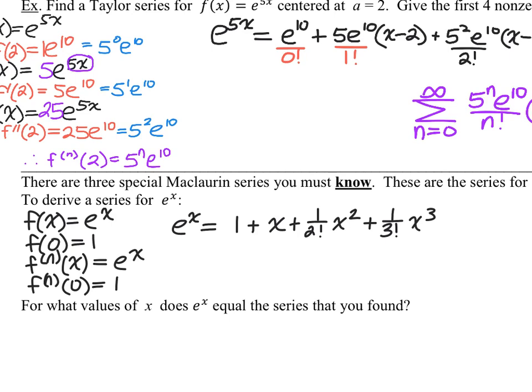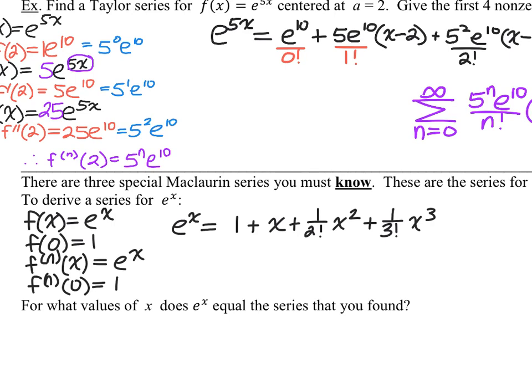Maclaurins are easier to come by because the x minus a part is going to be x minus 0, instead of x minus 2. So really all I'm worried about is the numerators, because I know my denominators are going to take the form of 0 factorial, 1 factorial, 2 factorial, 3 factorial, and so on. My numerators here are all 1, so that's fine. And we have the x's increasing in degree.